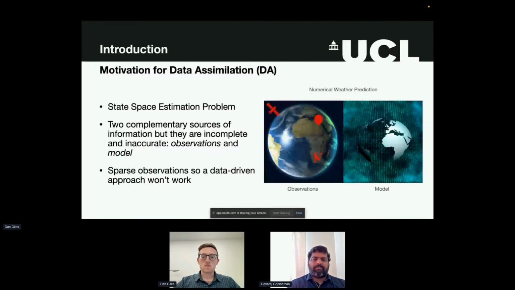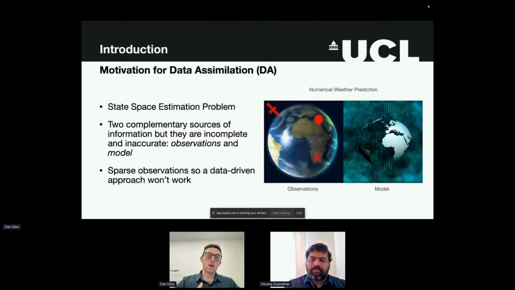The observations are incomplete, and they can also have some inaccuracies, so you have some observation errors and so on. On your model side, there are inaccuracies as well, so you make some approximations in the physics equations or the parameterizations used.